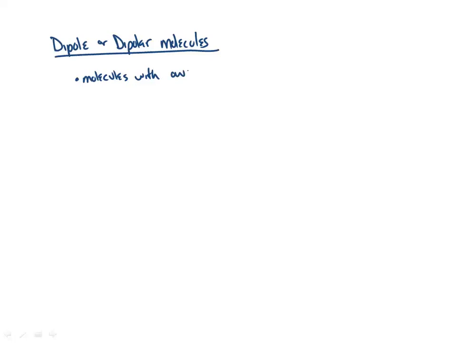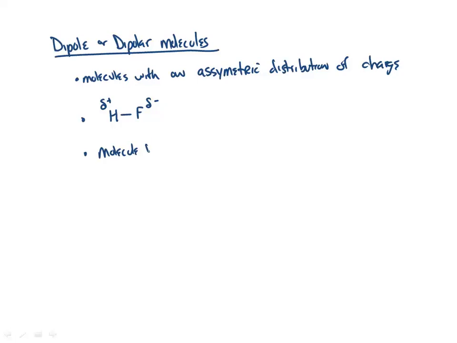I just like the word asymmetric. An asymmetric distribution of charge sounds really fancy, but it simply means things like hydrogen fluoride, where one end is slightly negative and one end is slightly positive. Or it basically means that the molecule behaves like a magnet.